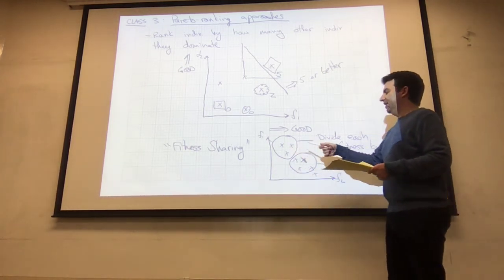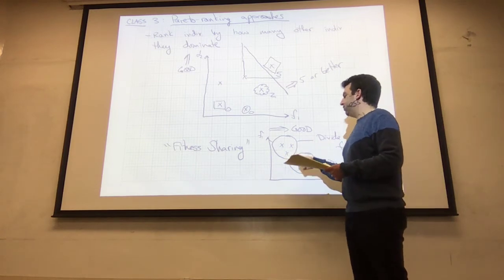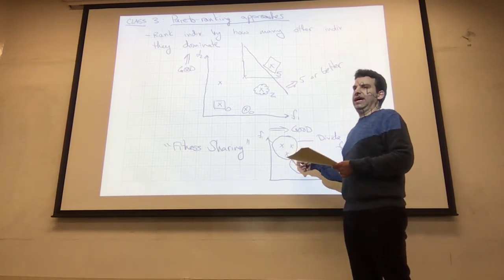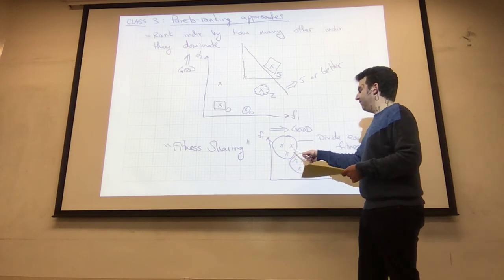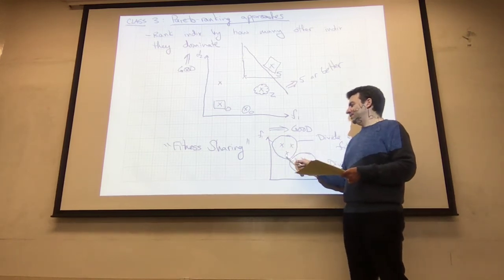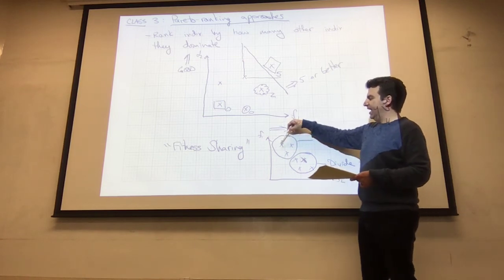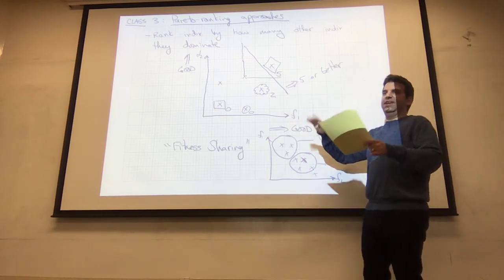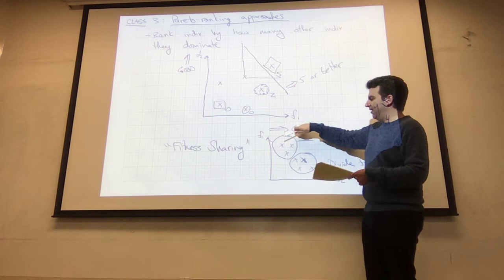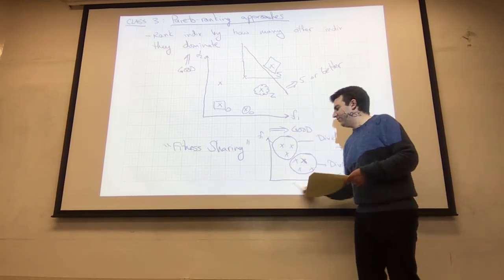Well, it's sort of turning them all into the same strategy. If we had 3 individuals that are close together, it might just be that they all have a high fitness, and their fitness might just happen to be higher than everybody else's.